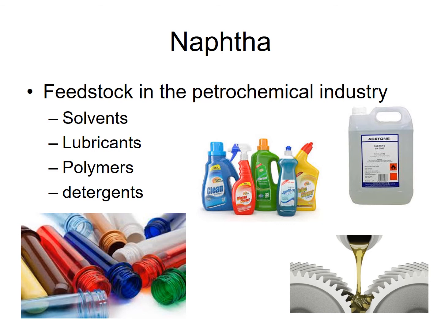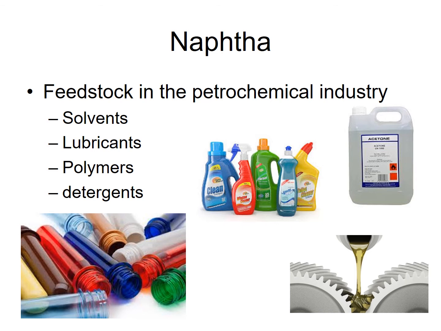I've got a picture of a bottle of acetone, but this kind of thing will be in nail varnish remover and some cleaning products that you have at home. Another use is lubricants, so things like WD-40, the oil that you put into your car. It just reduces the amount of friction in machinery so that it doesn't get worn down.